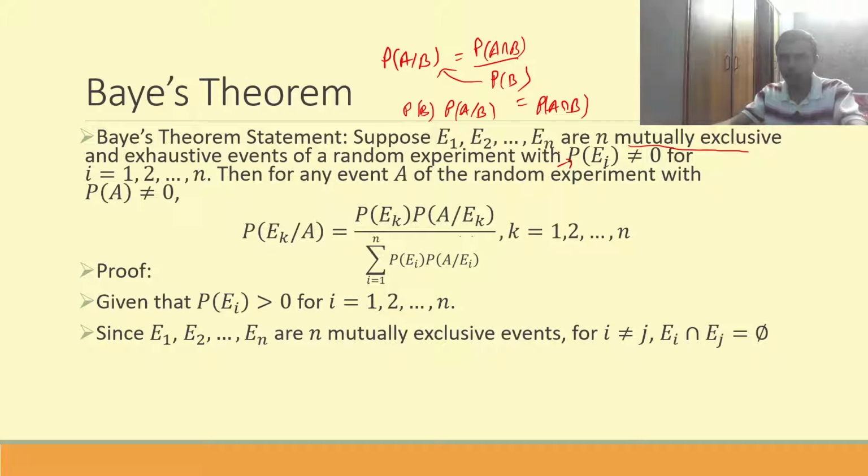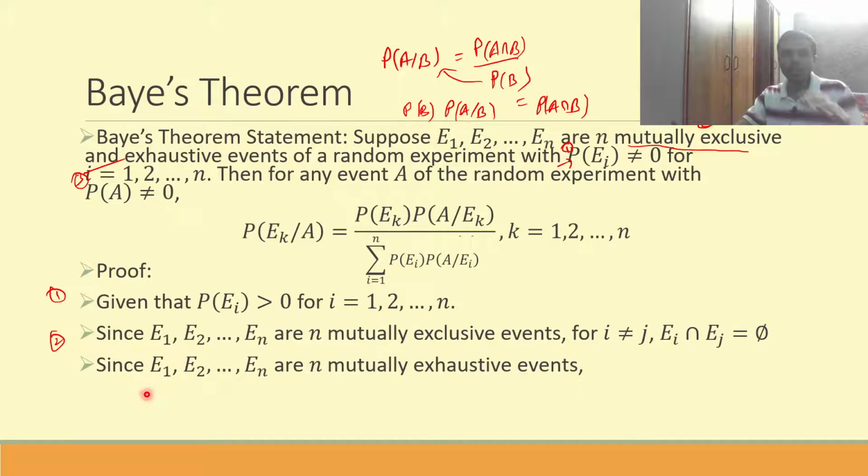From this point, I got the first statement. From this point, mutually exclusive, I am getting my second line. Next, from this point, exhaustive, this is my third point. Exhaustive means union of all these events gives me the sample space. Sample space contains all the possible outcomes of the random experiment.